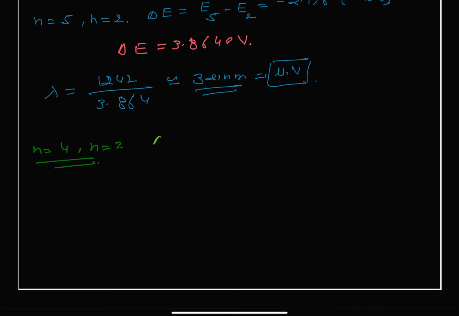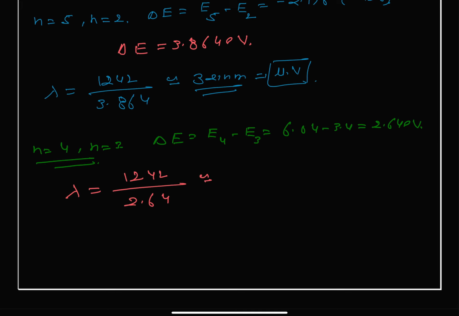once again our delta E is equal to E of 4 minus E of 3, which gives us 6.04 minus 3.4, giving us 2.64 electron volt, and the wavelength lambda will be equal to 1242 divided by 2.64, which gives us approximately 470 nanometer, and this is our visible range.